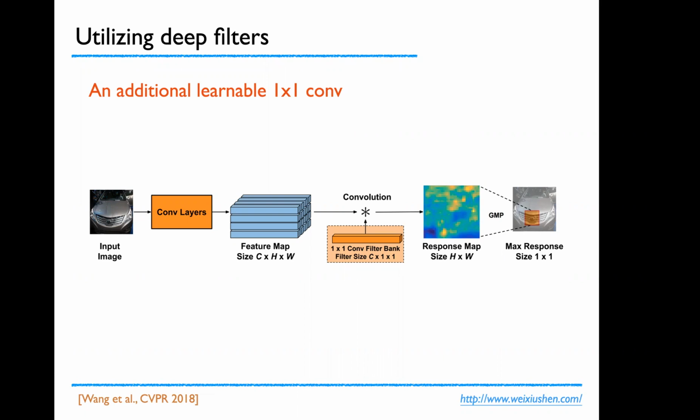One of the representative methods was proposed by Wang et al. in 2018, and they utilized an additional learned 1x1 convolution filter at a small patch as a part detector. It was followed by a global max pooling to keep the highest activations with respect to that filter for the final classification.